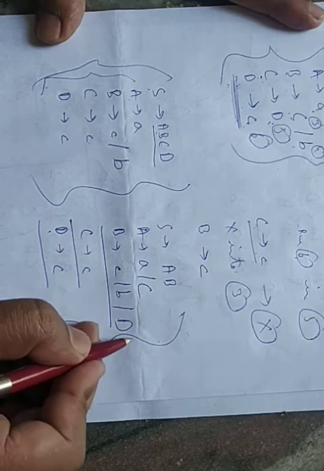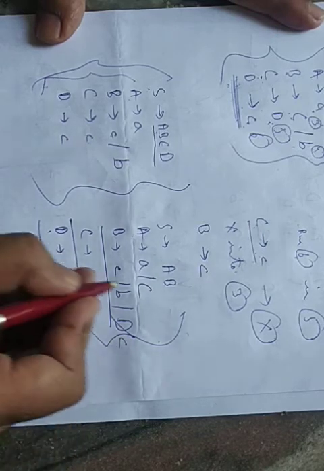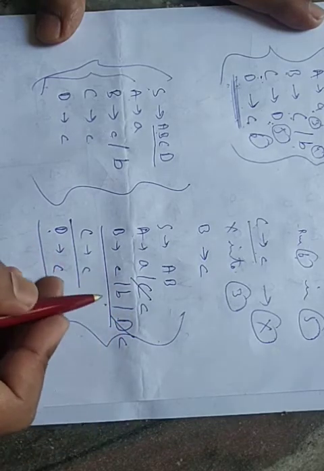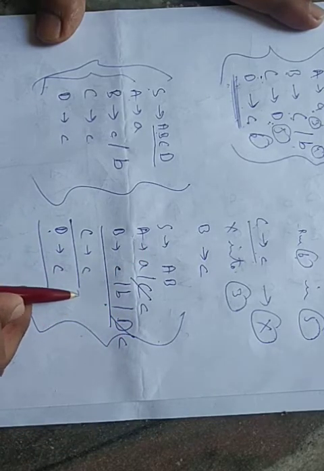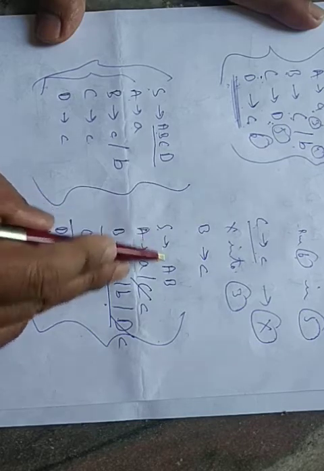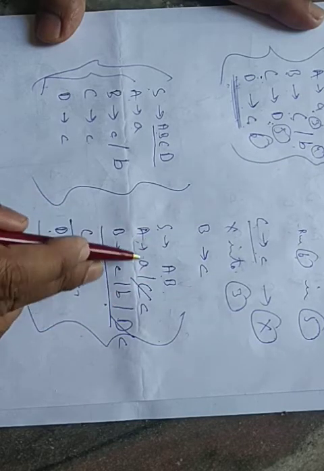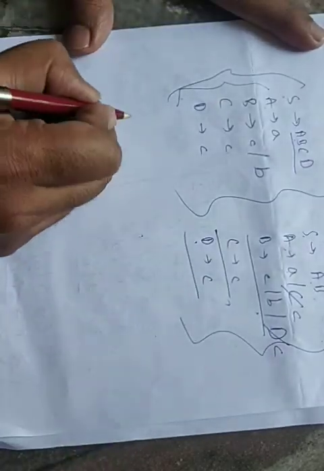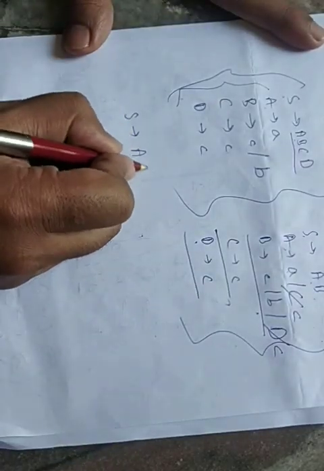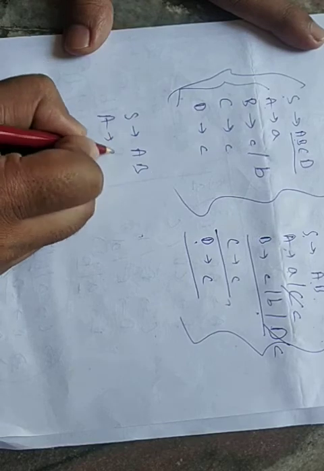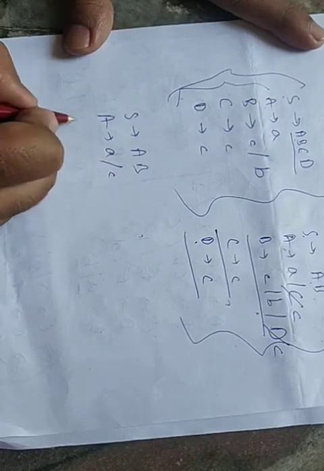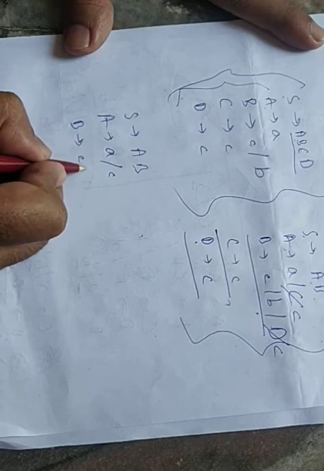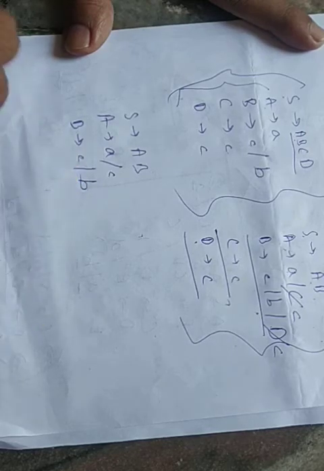It will replace this D by C, and this C by small c. So after replacement, S produces AB, A produces A slash small c, and B produces small c slash B.